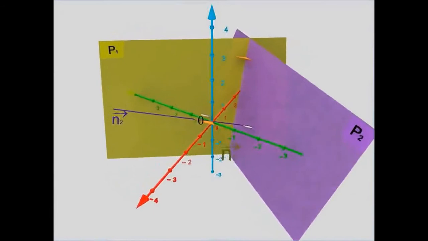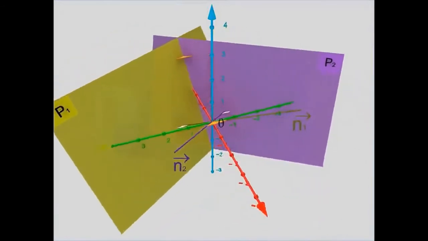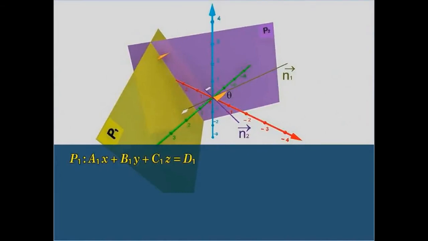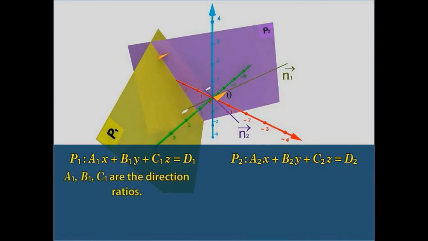In Cartesian form, the equations of the planes are given by P1 represents A1 x plus B1 y plus C1 z equals D1 and capital P2 represents A2 x plus B2 y plus C2 z equals D2. Here, capital A1, capital B1 and capital C1 are the direction ratios of the normal to the plane P1.